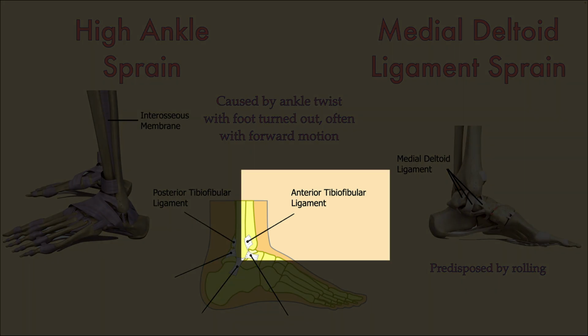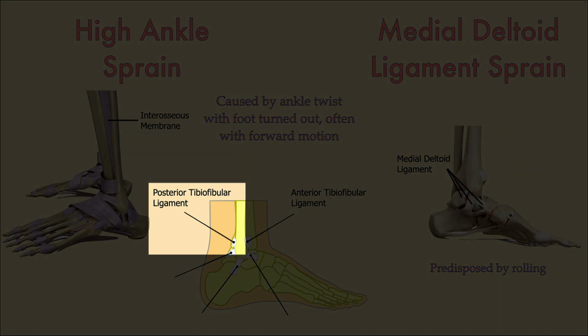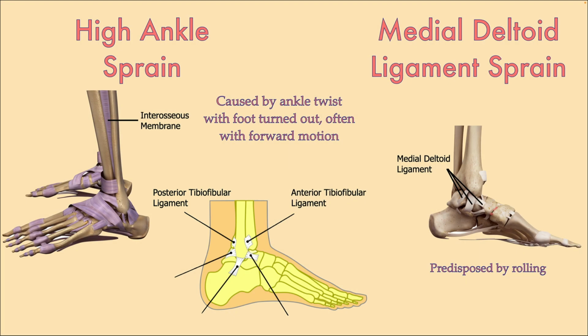The anterior tibiofibular ligament, so that goes from your tibia to your fibula, so they're above the ankle joint itself. Obviously that one's on the front, and on the back, the posterior tibiofibular ligament. So they're really there to keep those two lower leg bones in concert with each other, help them work together.